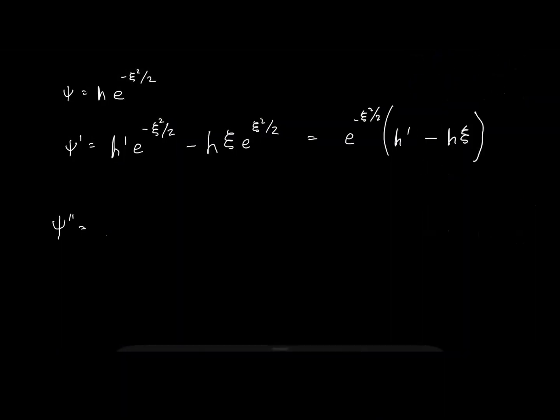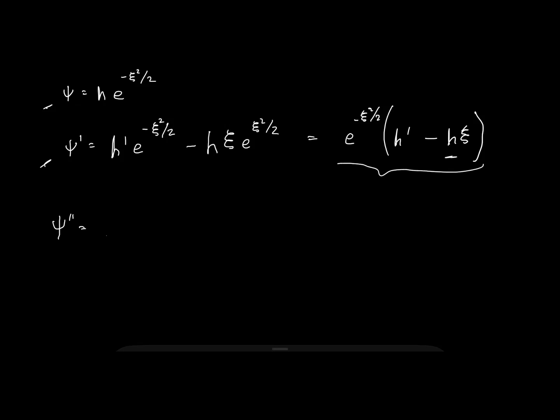I'm interrupting the video just to show you the correct derivative. So this is the correct one. As you can see, we have our psi here, psi prime, and this is what I had done. I had dropped this h c term.